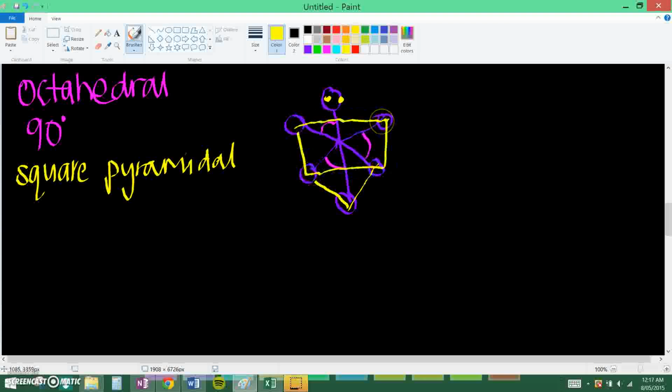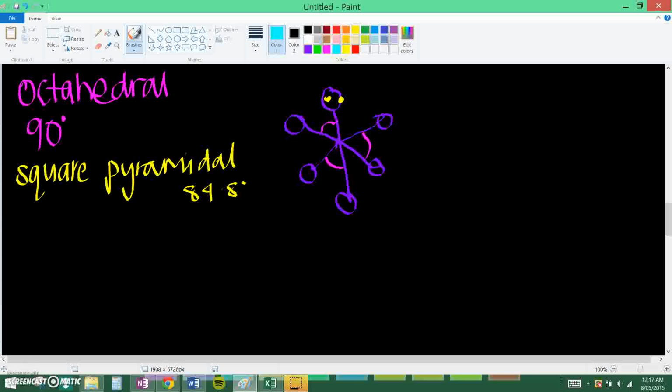But can you tell that it's like a square pyramid almost? That would just be a square pyramid. And this means that these bond angles are now all 84.8 degrees.